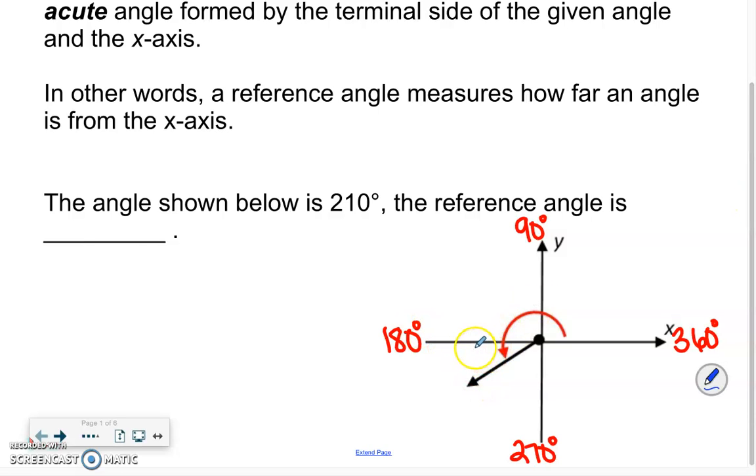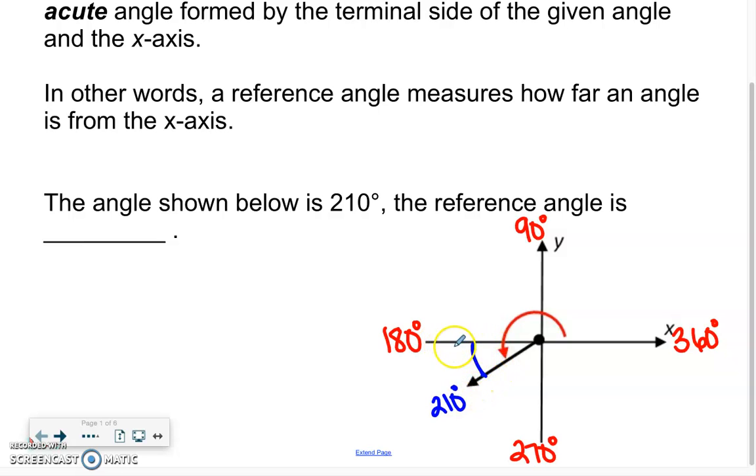Now the reference angle would be the distance from your angle to the x-axis, okay? Essentially, what I'm going to mark is 210. A reference angle is asking you to tell how far you would need to go in degrees to get from the x-axis to your angle.